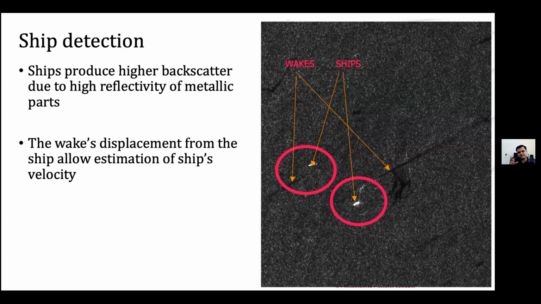There is a displacement between the actual location of the ship and this particular wake, because the wake is stationary but the ship is moving. Based on that displacement, we can estimate the velocity of the ship and also the direction of the ship.